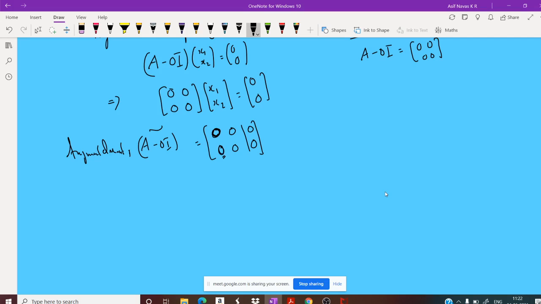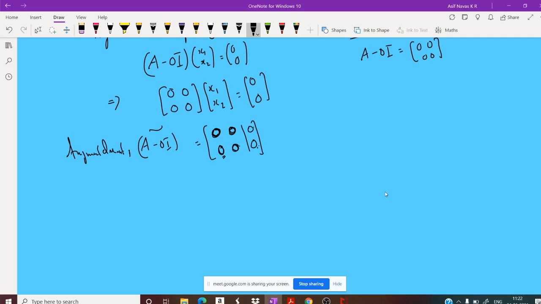That is also 0. Now we check the second element in the first row. That is also 0, and the element below it in that column is also 0. There is no pivot here, and therefore it is in row echelon form.